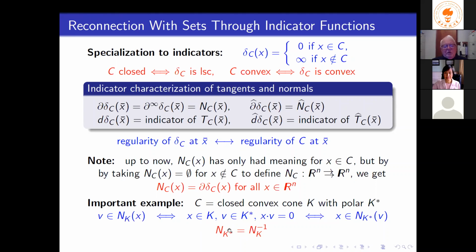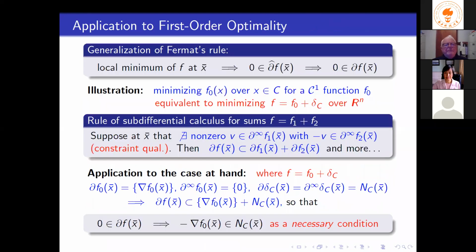The normal cone mapping to the polar cone is the inverse of the normal cone mapping to K. You can't say that without making this distinction. And then later, when we want to study second order aspects of the set C, we can study second derivatives of the indicator function, which will have something to do with second order properties of the set C.